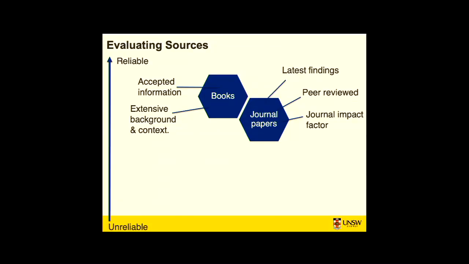Similar to H-index is something called journal impact factor. If you have an impact factor of 10, it means many people reference what's in the journal. Impact factor 10 means, on average, this journal gets 10 citations for every paper it publishes. If it has an impact factor of 0.5, it means that some of the papers never get referenced.